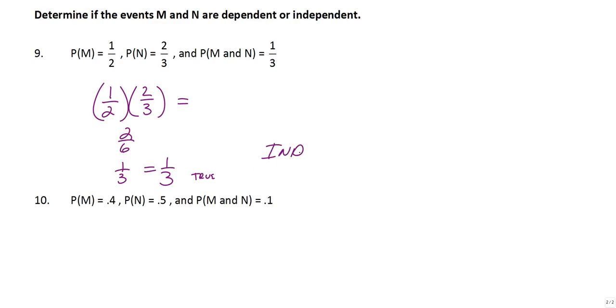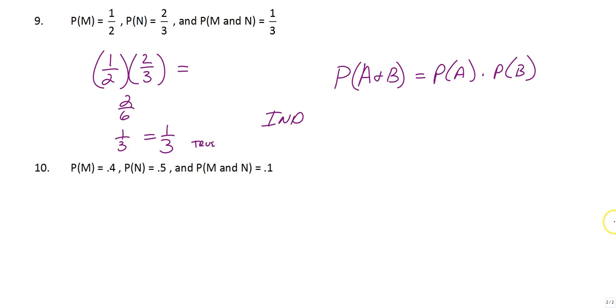Remember, the independent formula says the probability of A and B is equal to the probability of A times the probability of B. So this was just m and n. So if the probability of m times the probability of n equals the probability of m and n, then it's independent. So if they were not equal, they would be dependent because that first outcome affected the second one.